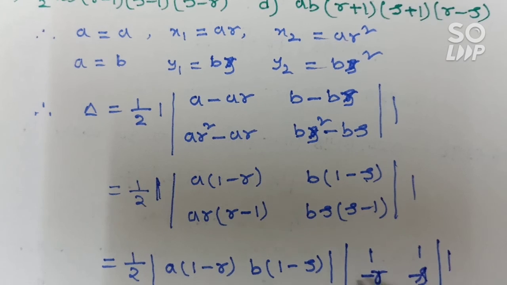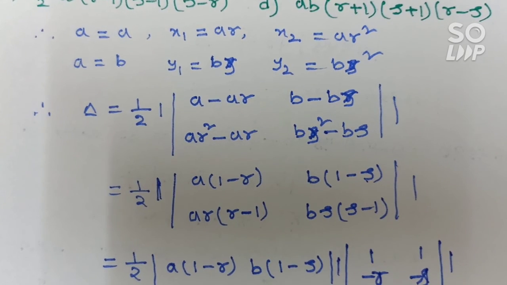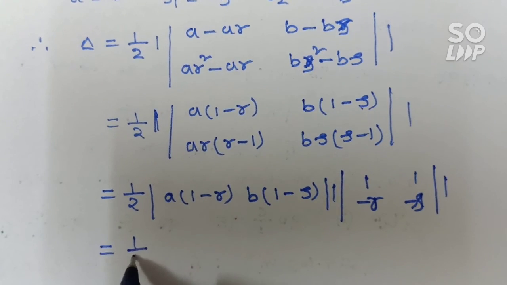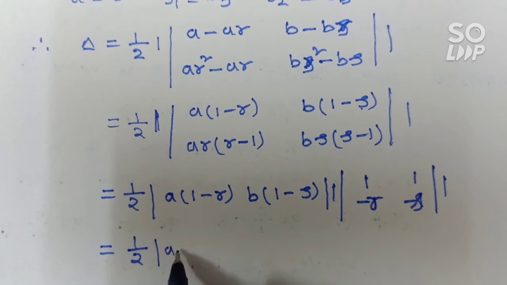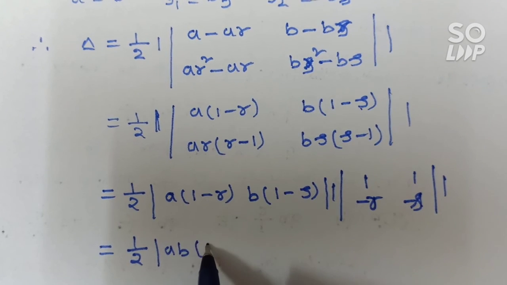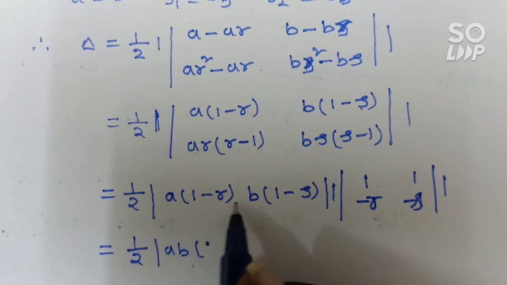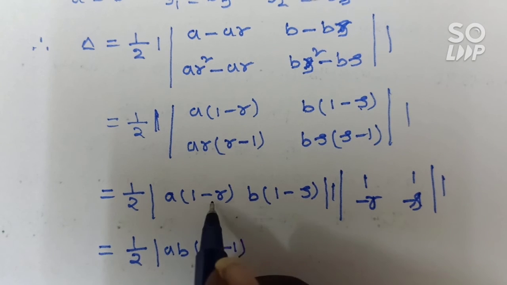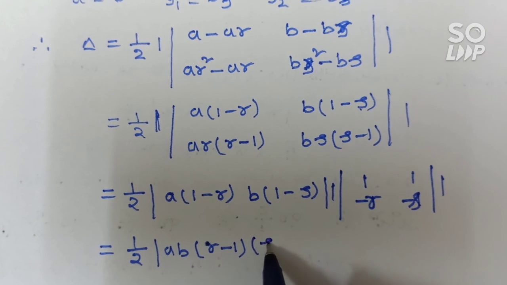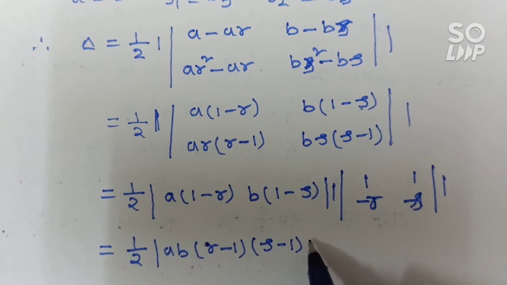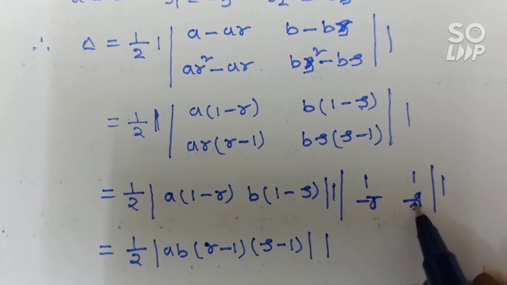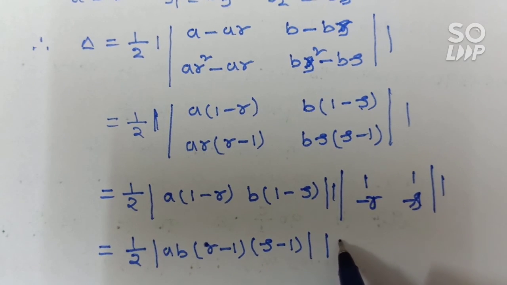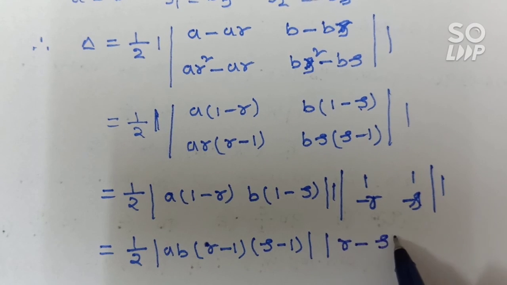Now write this in between the modulus. That value will be equal to 1 by 2 into modulus of ab into 1 minus r, or you can write r minus 1. Why? Because by taking the minus from this one and this one, you take the common r minus 1 into s minus 1. Into the expansion of the 2 by 2 form, AD minus BC, that means r minus s is the value.